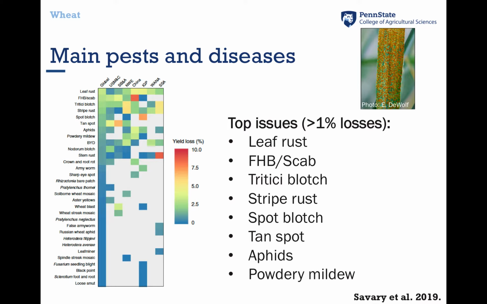But as we get into this group from spot blotch on down, we can see again, that's more spatially aggregated to specific hotspots. There's a series of issues that we see being much more pronounced across multiple hotspots versus some of these other ones. And then there's a lot of other things that pop up periodically.